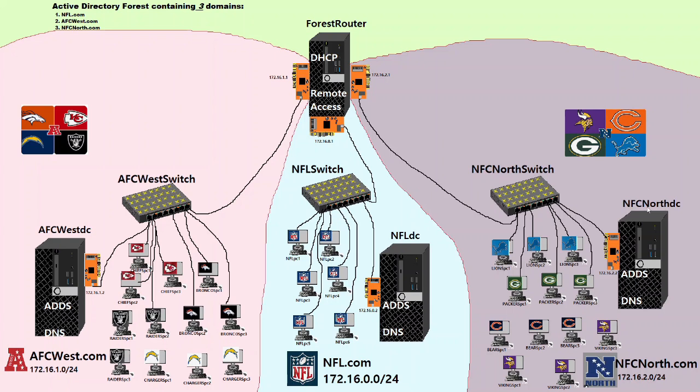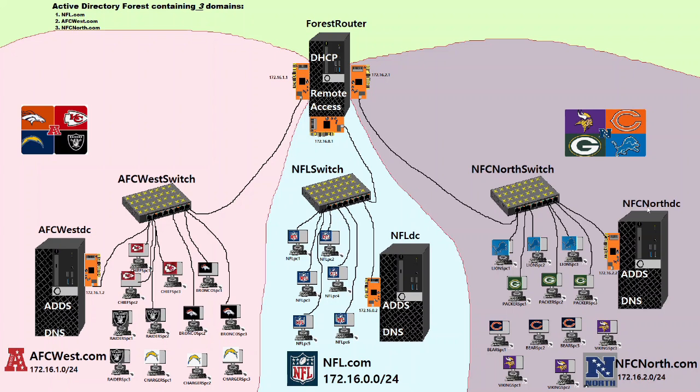Each one is going to be installed with Active Directory Domain Services and DNS. They will be the DNS servers. However, DHCP and routing will come from the forest router. All routing functionality will come from the forest router, which, if you notice, has 3 virtual NICs, whereas the domain controllers only have 1 virtual NIC.